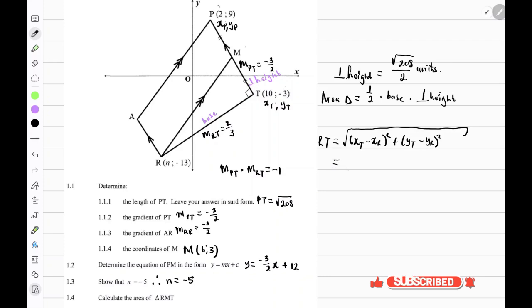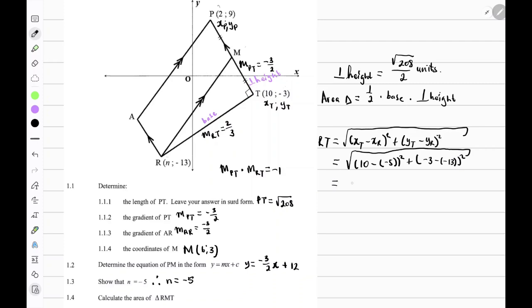So we can just substitute xt 10 minus negative 5 squared plus yt. Yt is minus 3 minus yr negative 13 squared.